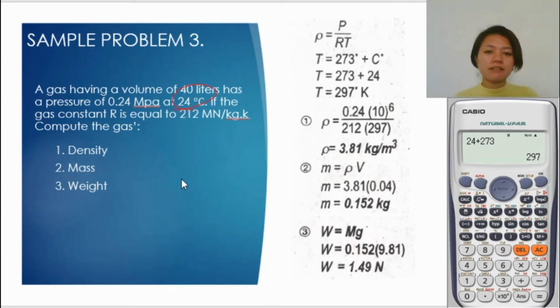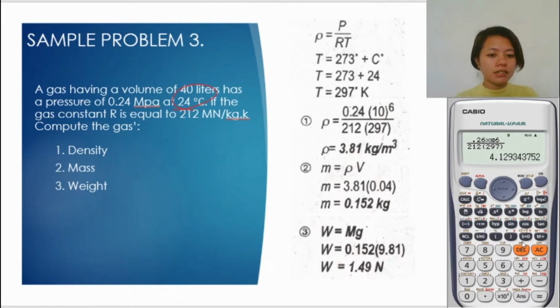Since it is mega, we multiply by 10 to the 6. So we have 0.24 times 10 to the 6 all over our 212 gas constant, times the temperature of 297.